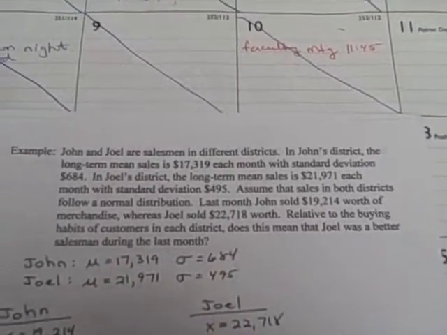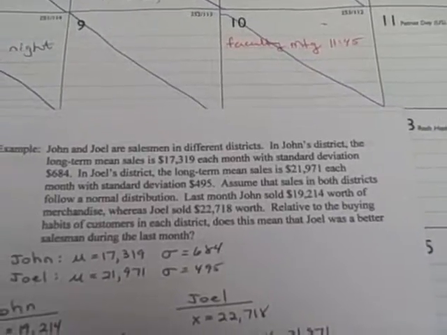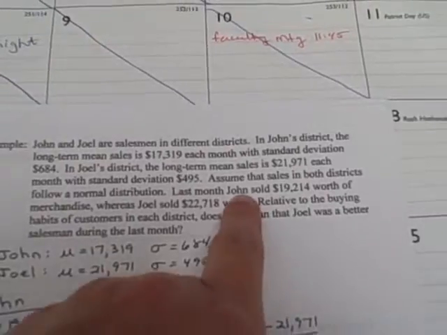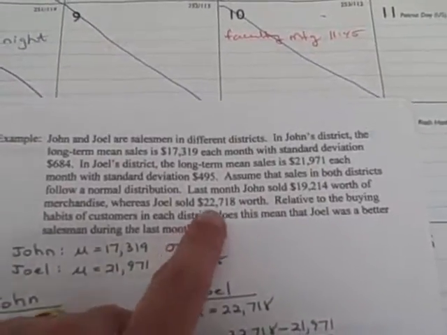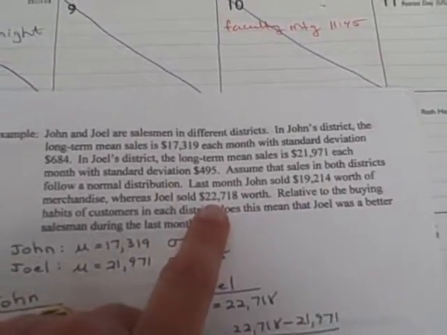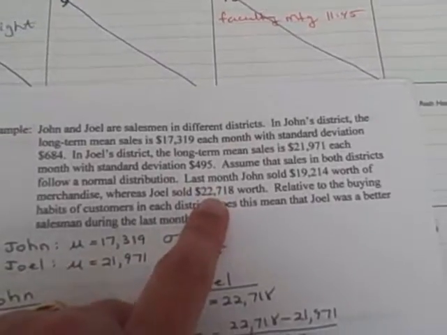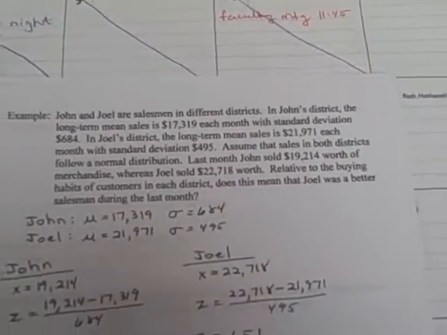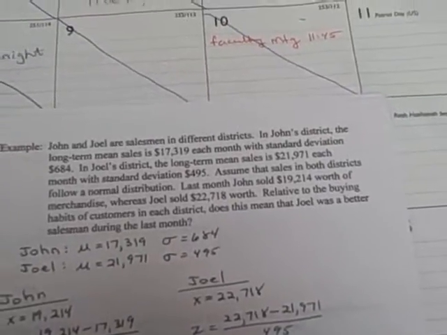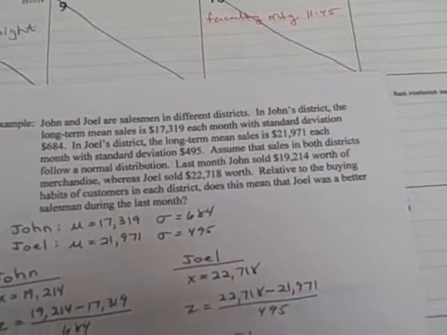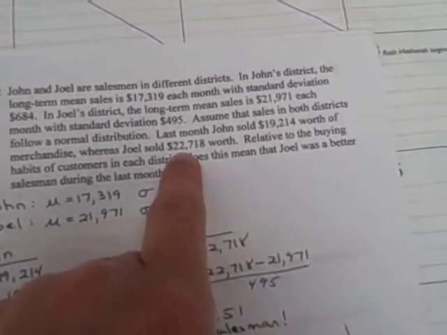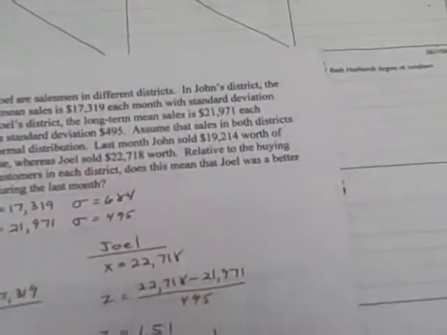Last month, John sold $19,214 worth of merchandise, so that's an x value for John, where Joel sold $22,718 worth. That's an x value for Joel. Relative to the buying habits of customers in each district, does this mean that Joel was a better salesman during the last month? So Joel sold more dollar-wise, but does that mean he's a better salesman?